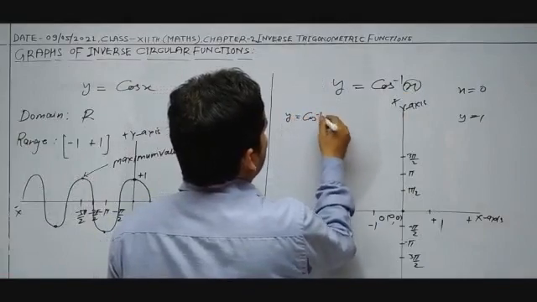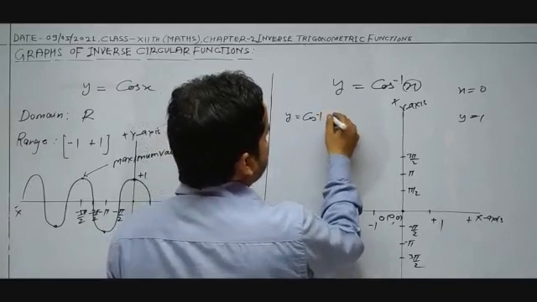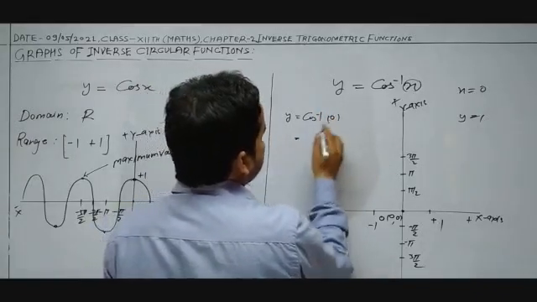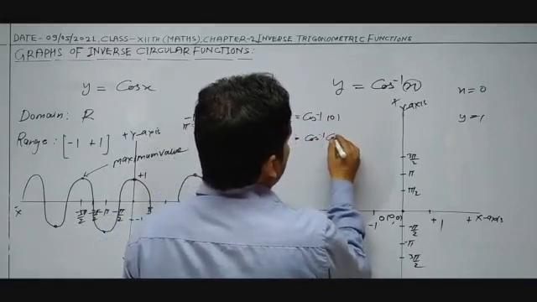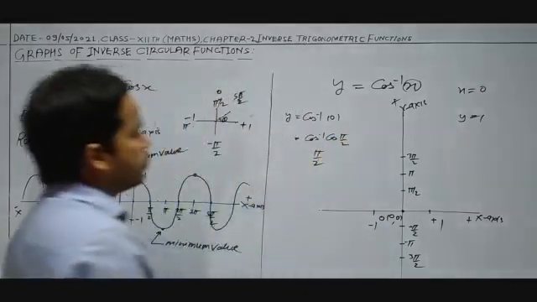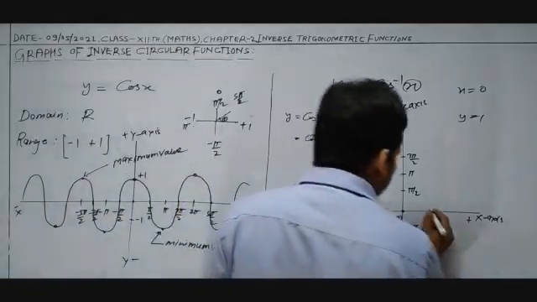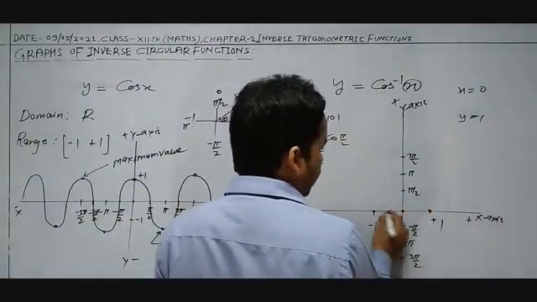Y is equal to cos inverse pi by 2, and when you will consider x is equal to 0 degree, then you can set cos inverse means 0, 0 means cos of pi by 2, and this result will be pi by 2. So graph will be maximum value this, minimum value this, minus 1.